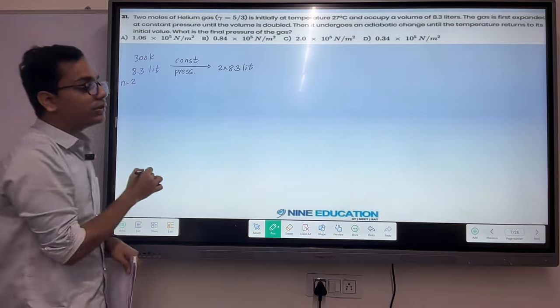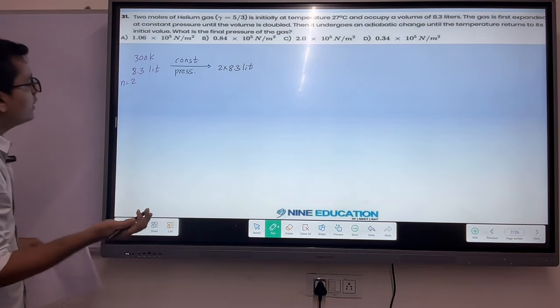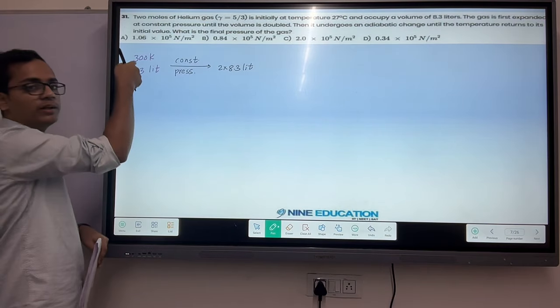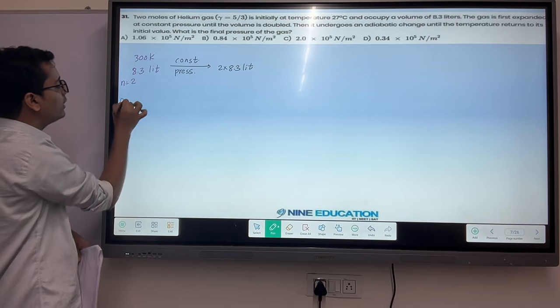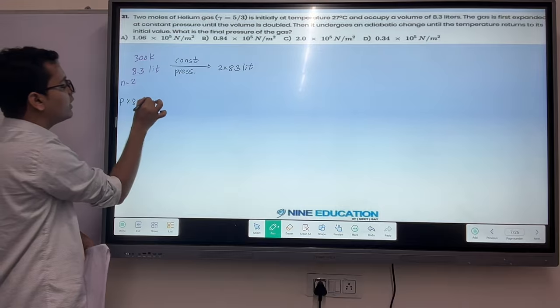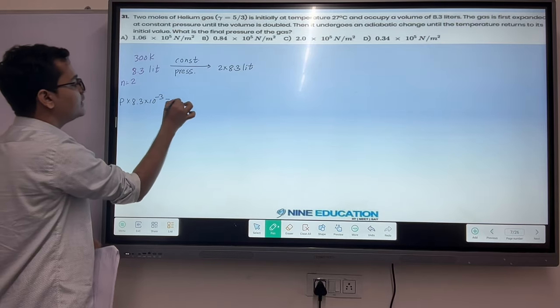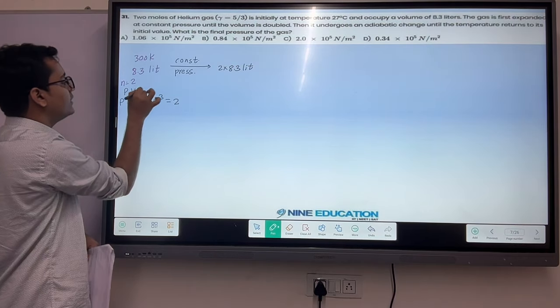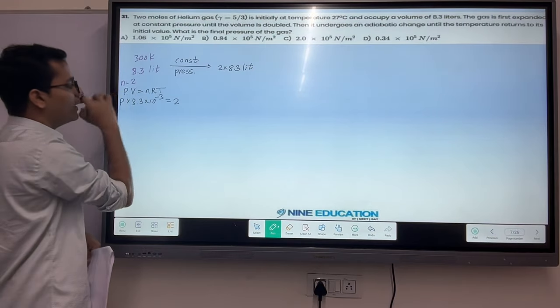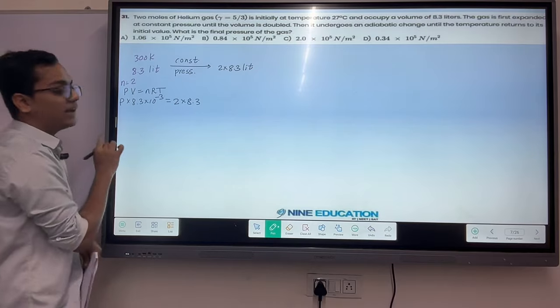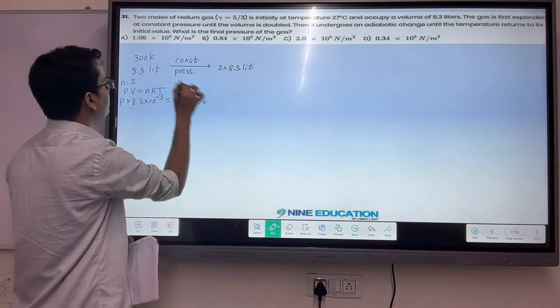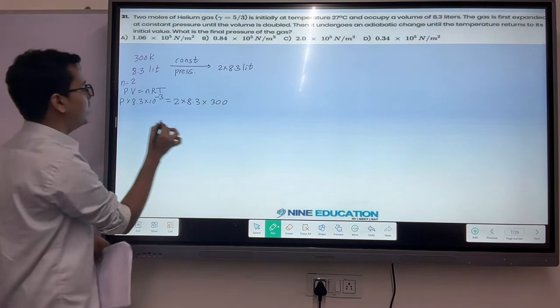Constant pressure means pressure is going to remain the same. But what is the value of pressure? We can calculate it from here. Let's say initially the pressure is P, volume is 8.3 liter, that means 8.3 into 10 power minus 3 cubic meter. PV is equal to nRT. N is the number of moles, which is 2, R is 8.314, I write only 8.3, into temperature 300.